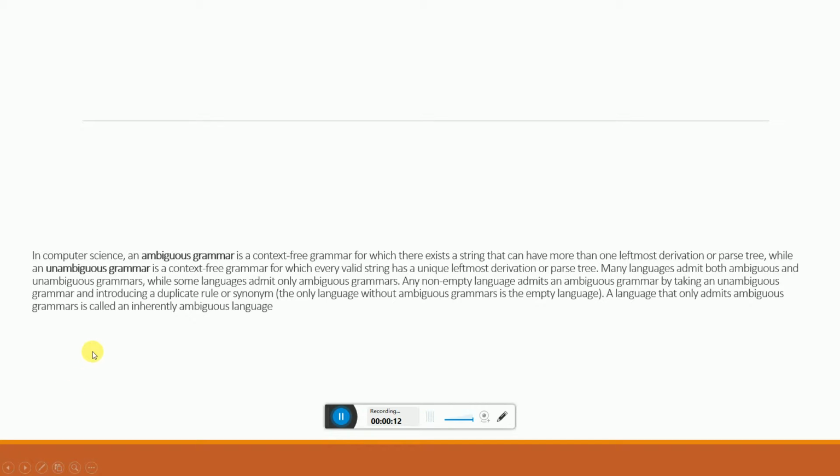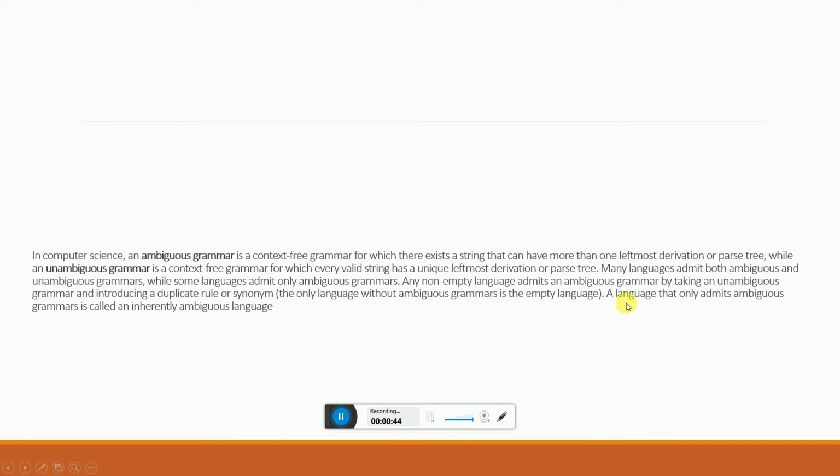Now I am going to show you some information about the ambiguous grammar. But you need to know only one thing. In case of ambiguous grammar, there is a string for which there must be two or more derivation trees, and you must keep in mind this condition should be satisfied, otherwise your grammar is not going to be ambiguous.